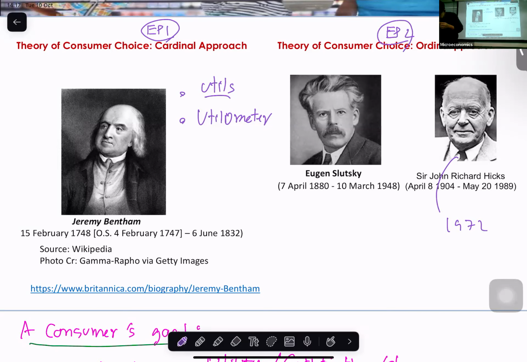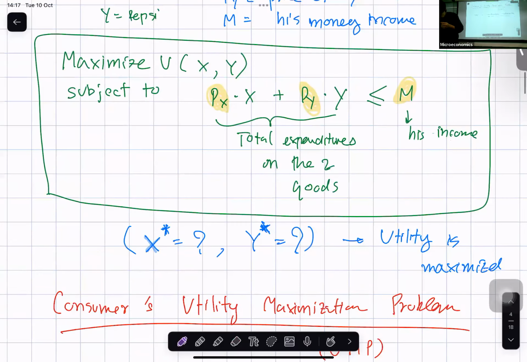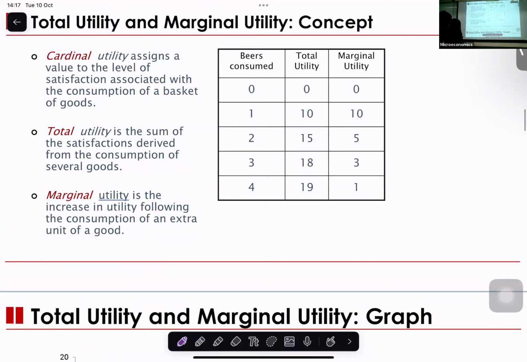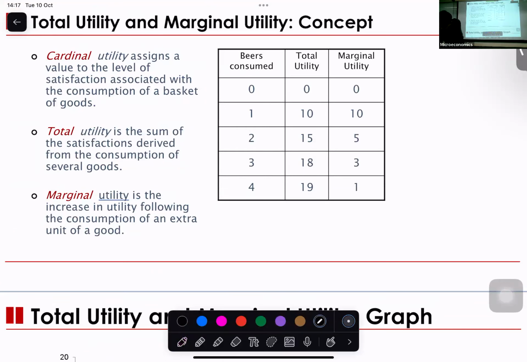Okay. Now, we start with this simple story. I want to modify this table a little bit more.